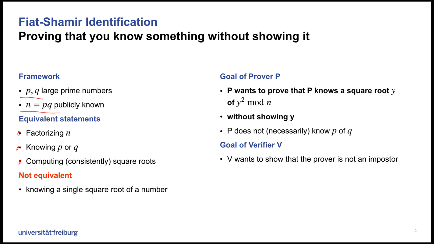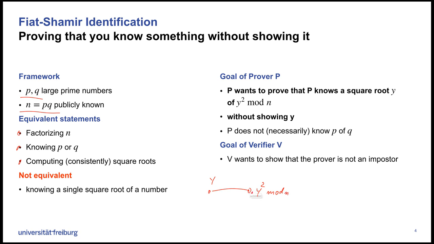It's also the same as consistently computing square roots, something we had last time, and we also talked about this in the exercise. This is an interesting thing: if you have a number y, you can compute y squared modulo n. That's very easy.